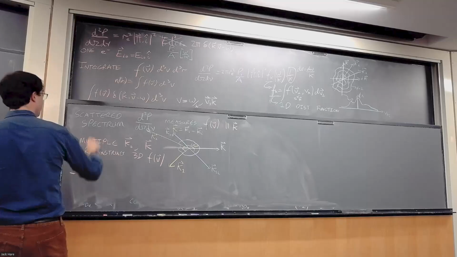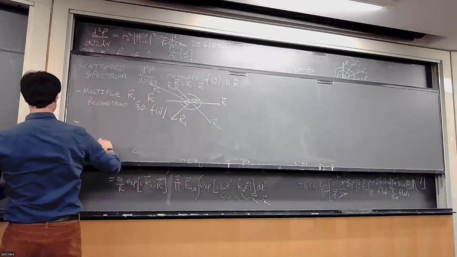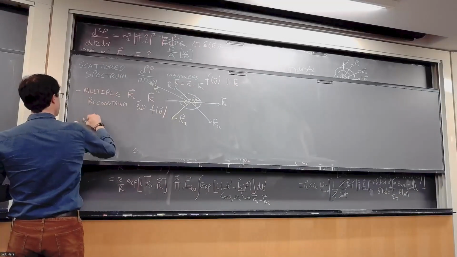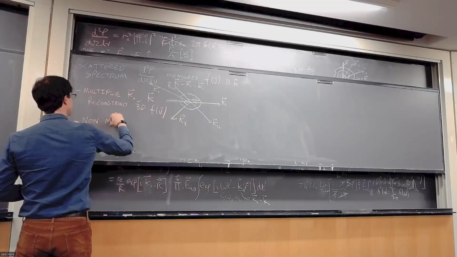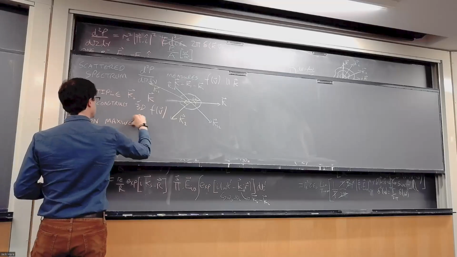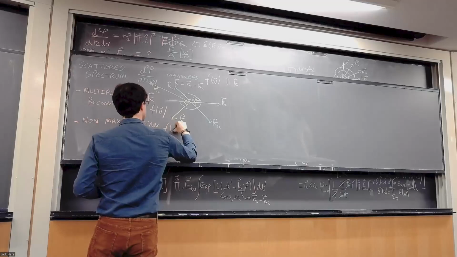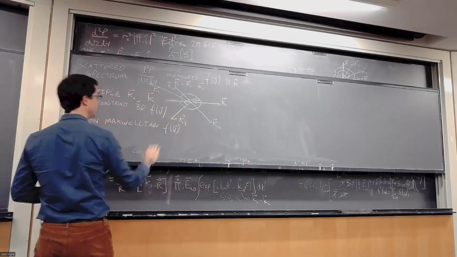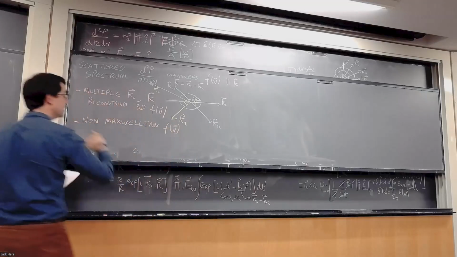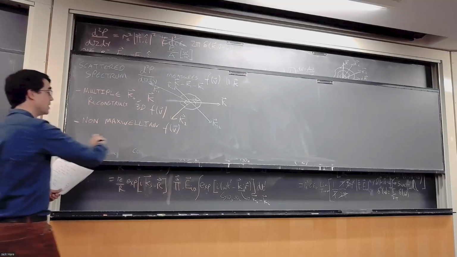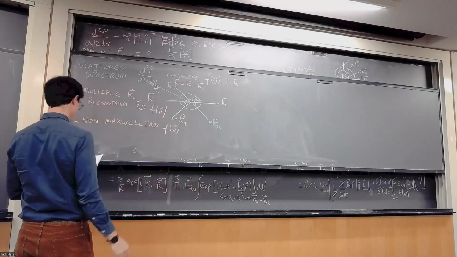The other cool thing about this is you might be able to measure non-Maxwellian distributions, even in one dimension. So if I just write it as f of v without the vector, we're thinking about this one-dimensional cut here.